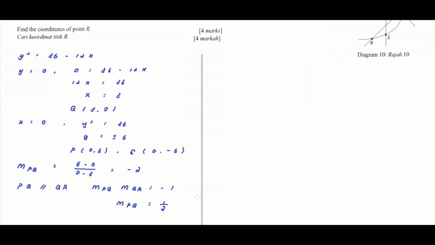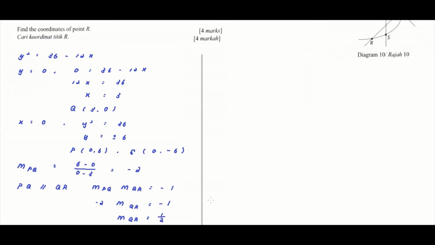After I found this, I know -2 here, then I move it there, it becomes -1 divided by -2. Then this is how I get 1 over 2. Oops, I'm sorry, I think this is QR. So -2, then QR equal to -1, which means the gradient for QR is equal to 1 over 2.